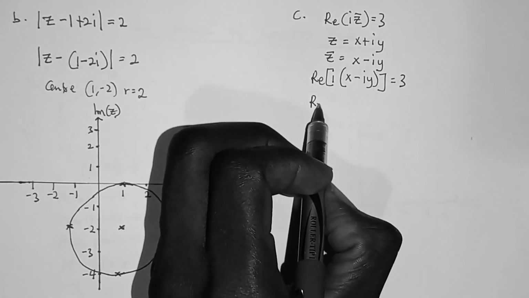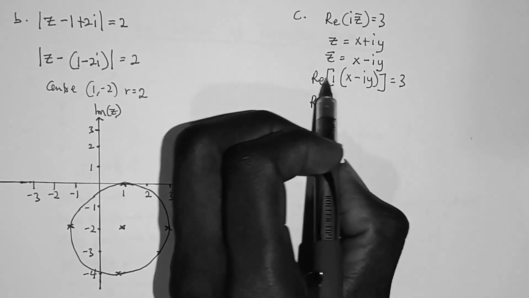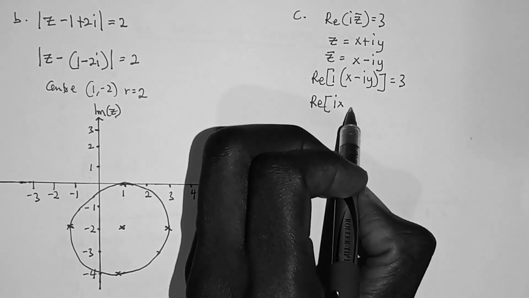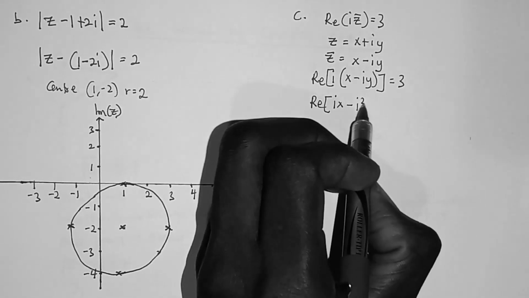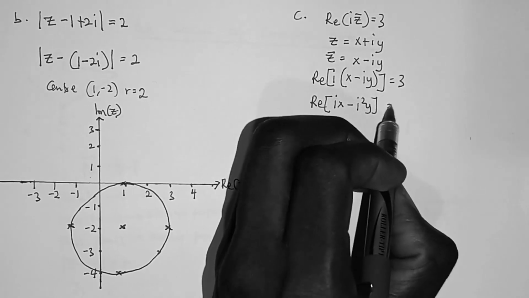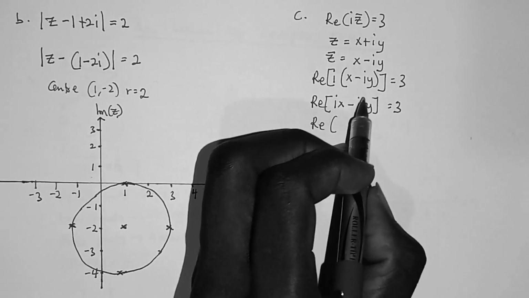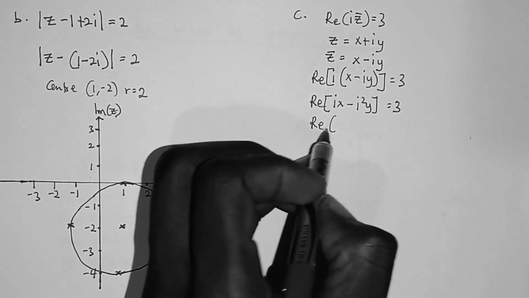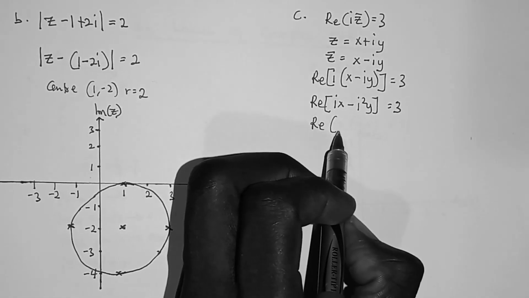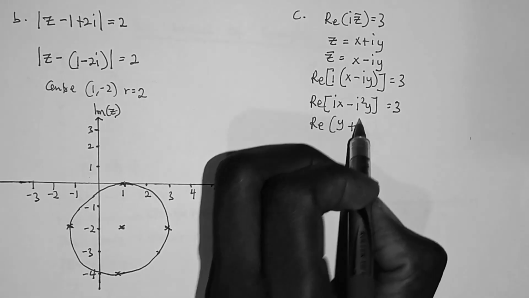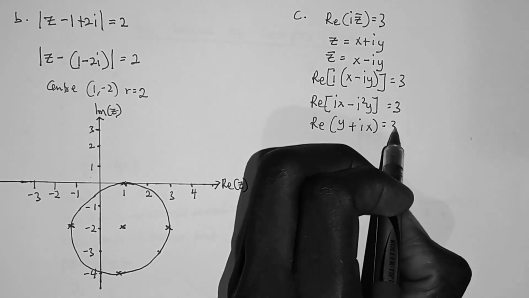So let's multiply it. The real part of i times x becomes ix, then minus i squared y is equal to 3. So it becomes the real part of, minus i squared is 1, so it becomes y plus ix equals 3.